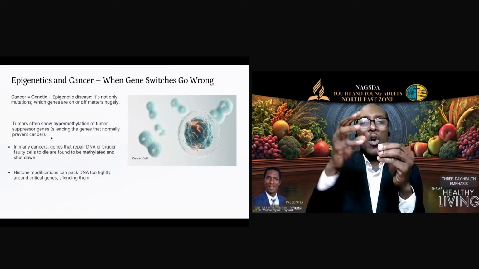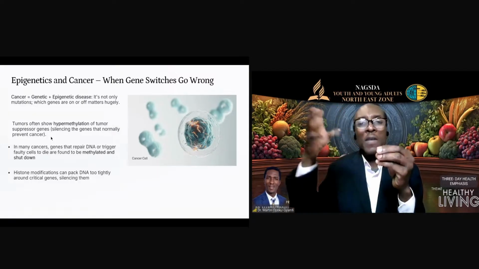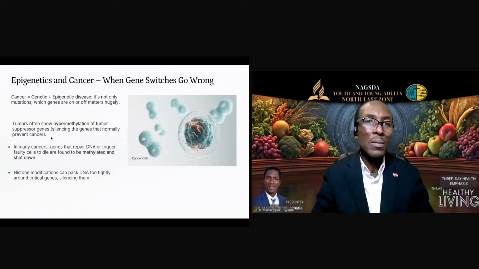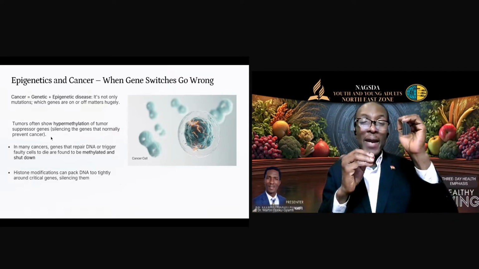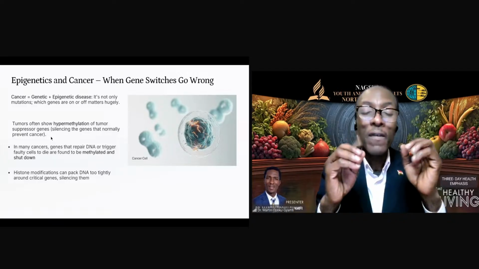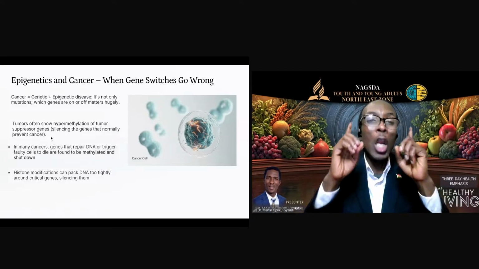Then it goes on to divide and then it becomes cancerous. But now we know that cancer is actually genetics plus epigenetics. It's not only the mutation, but which genes in your body are turned on or turned off also matter a lot.